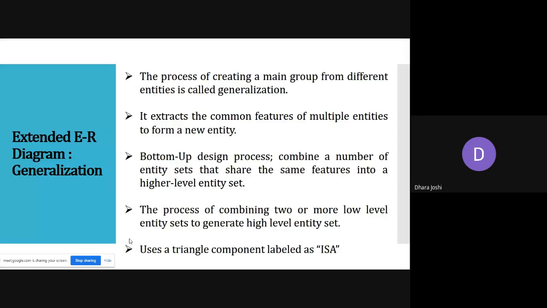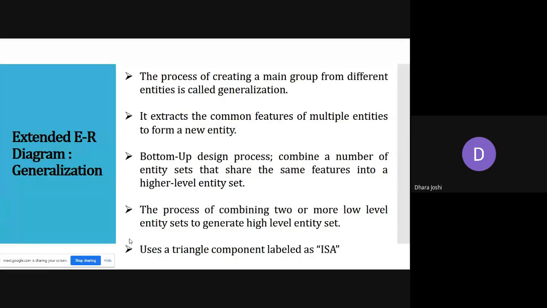Okay, so generalization: the process of creating a main group from different entities is called generalization. If we have different entities, like an employee, the employee can be full-time or part-time.